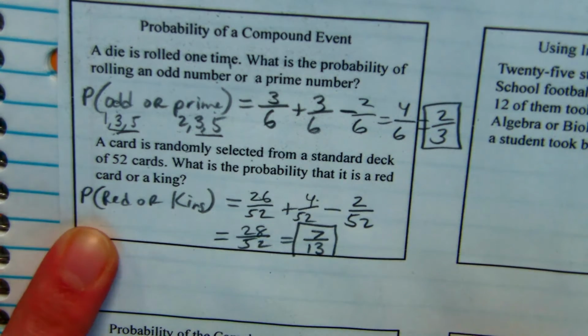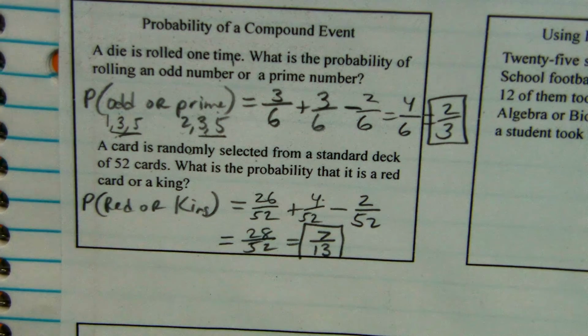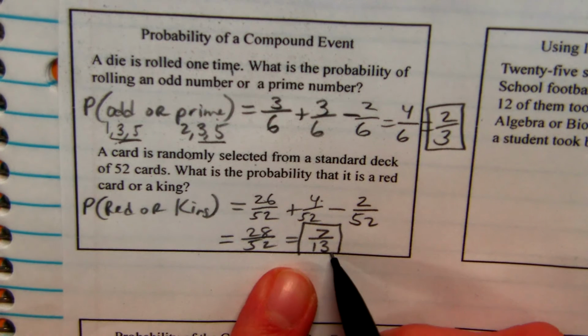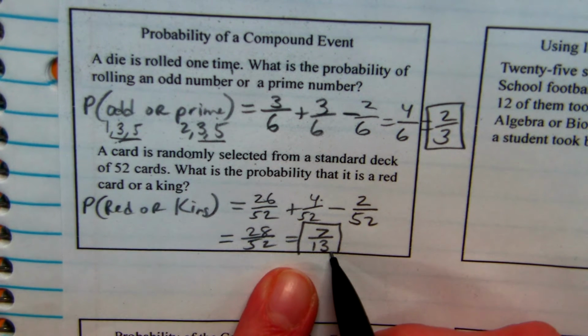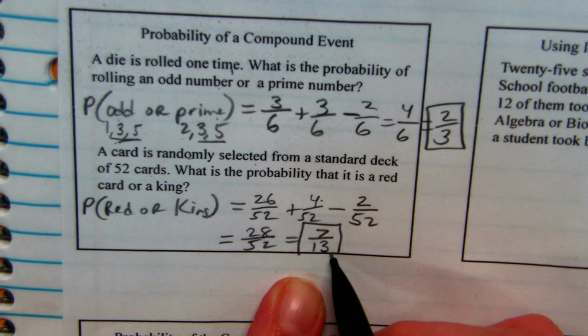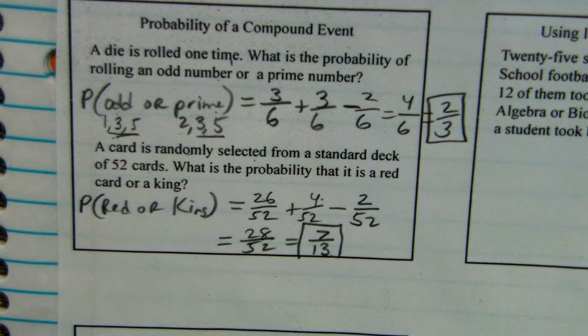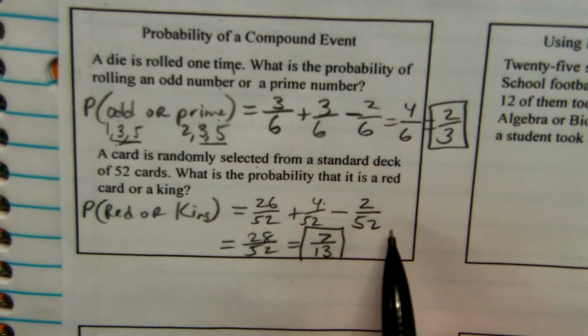And something I hadn't really talked about, but I think you guys probably did in middle school, you can divide these and write them as a decimal. You can also write them as a percent. Fractions are not the only way to write the answer. It is what we're going to use mostly because it works so well with the formula.